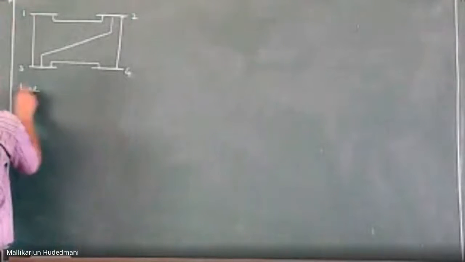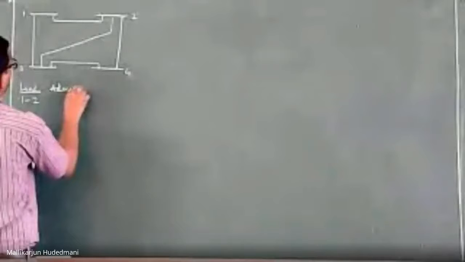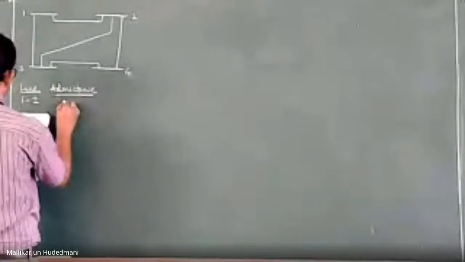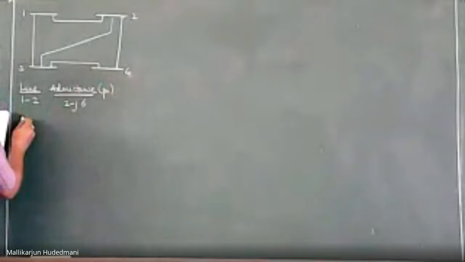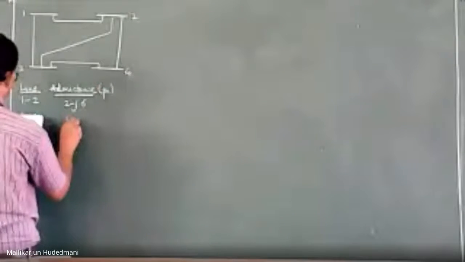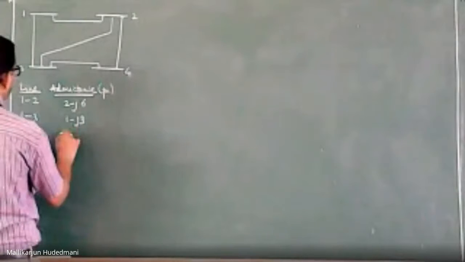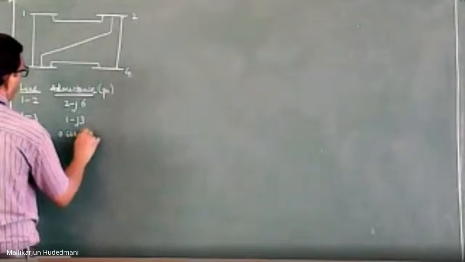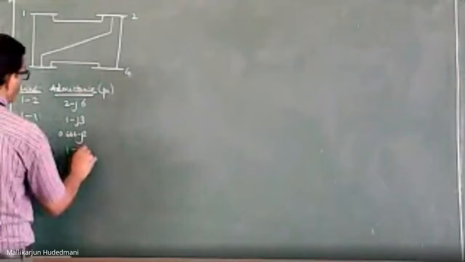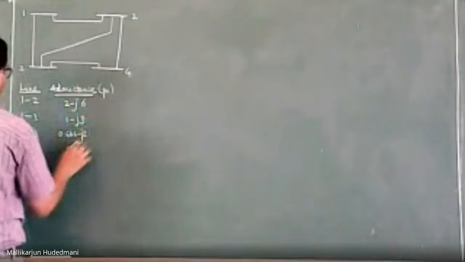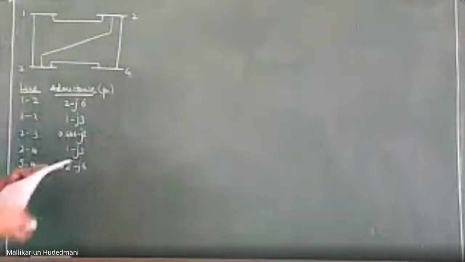Line 1 to 2 admittance is 2 minus j6 per unit, line 1 to 3 is 1 minus j3, line 2 to 3 is 0.666 minus j2, line 2 to 4 is 1 minus j3, and line 3 to 4 is 2 minus j6. So this is the data given.